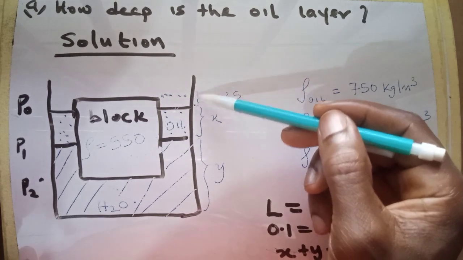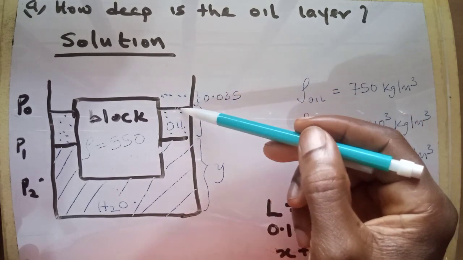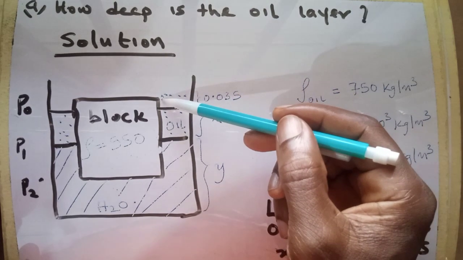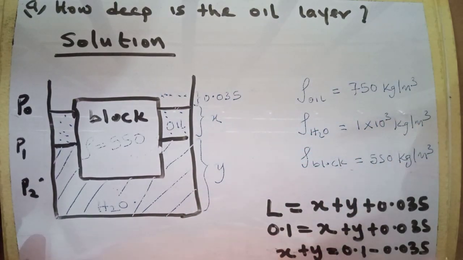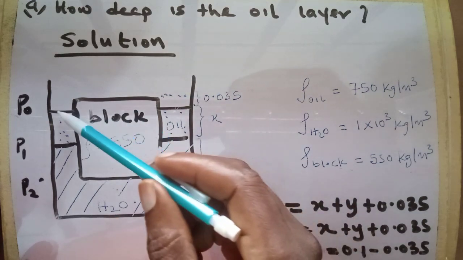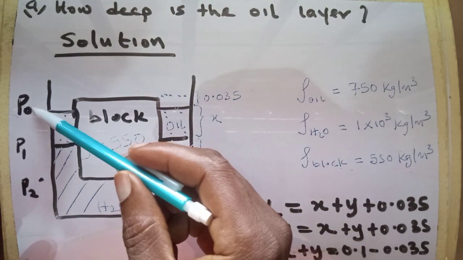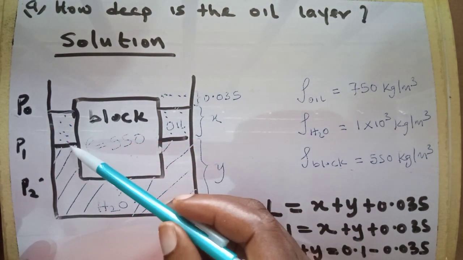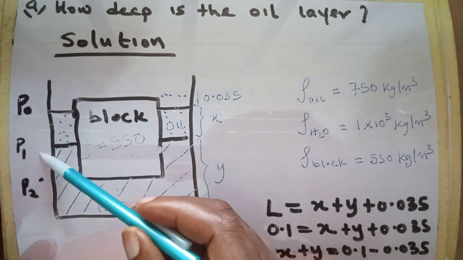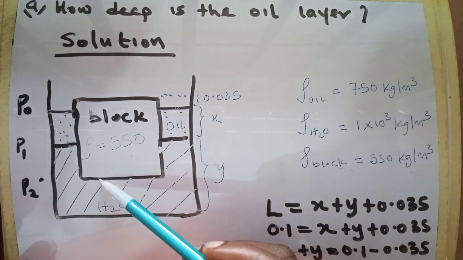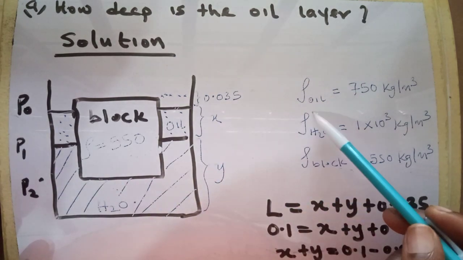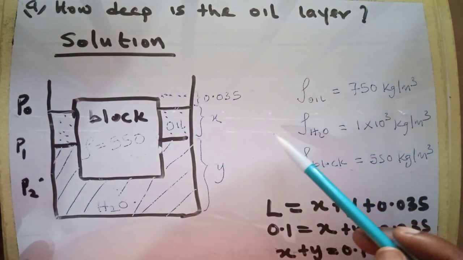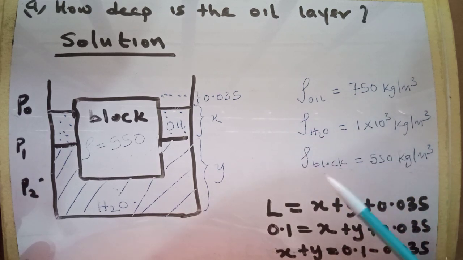The thickness from the top of the oil layer to the top of the block is 0.035 meters. Now, it's important for us to note that the pressure at this point is P0. The pressure at this layer interface is P1, while the pressure just below the block is P2. The density of the oil is given as this, density of water is given as this, and density of the block is given as this.